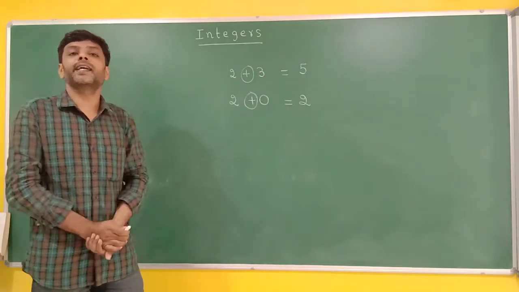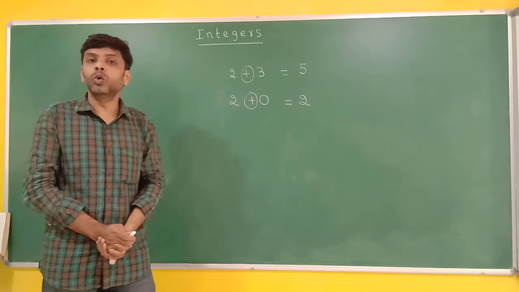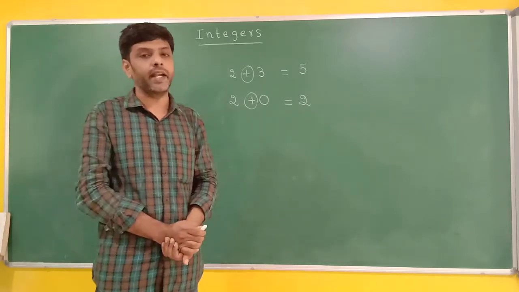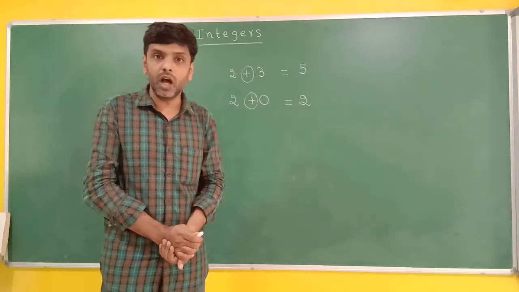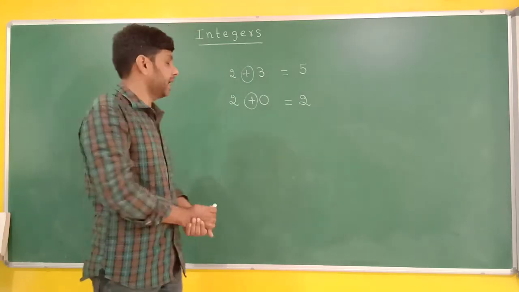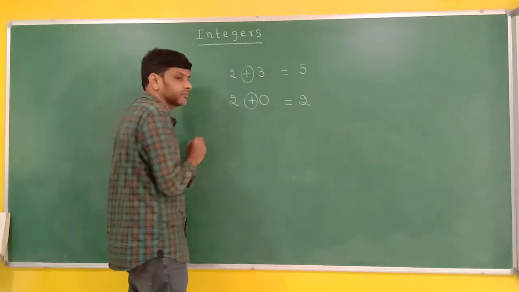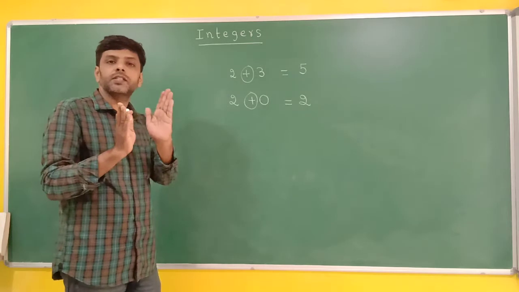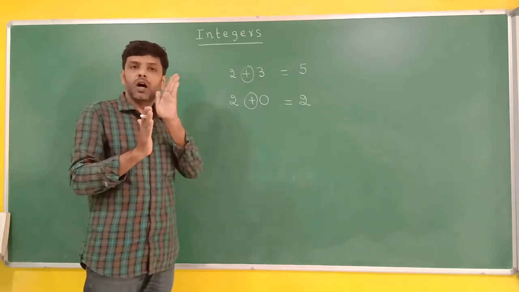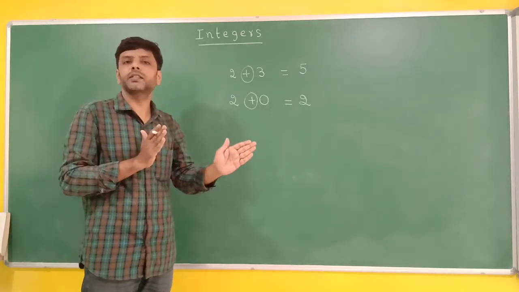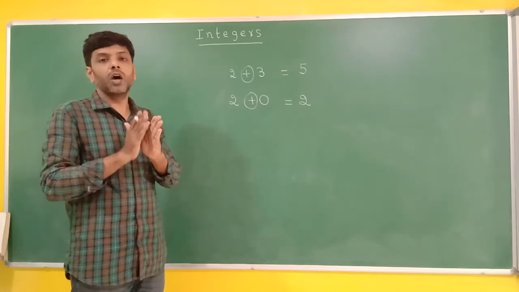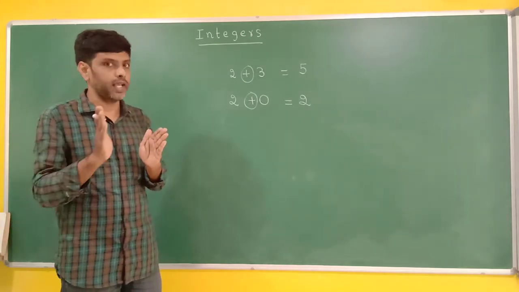Now, let us see. When two integers are added, will we get an integer or not? Integers, do you remember what integers are? All negative numbers, 0 and all positive numbers are known as integers.